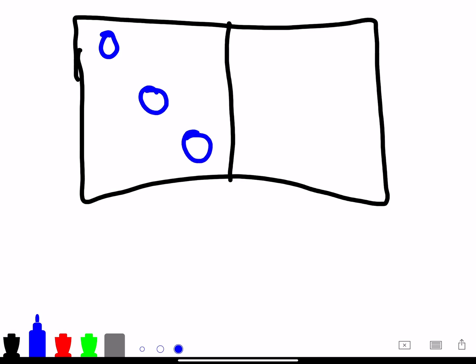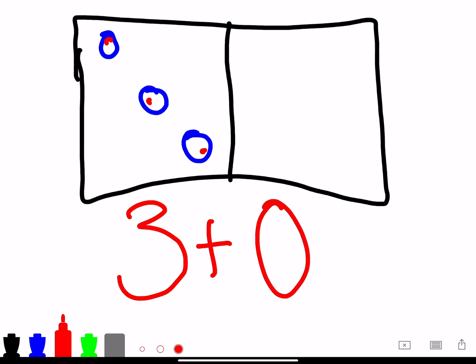So in your minds, how would you write this addition equation to figure out how many dots are in this domino? So we have 3 because 1, 2, 3, plus nothing is what? What do you think 3 plus 0 is?